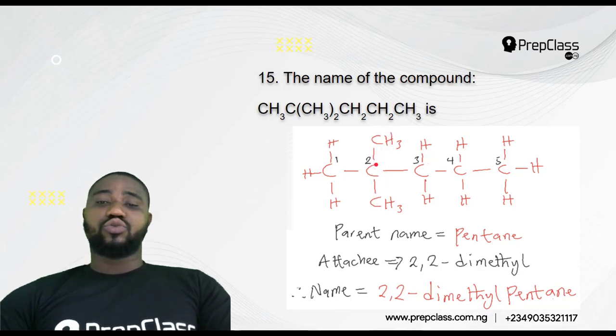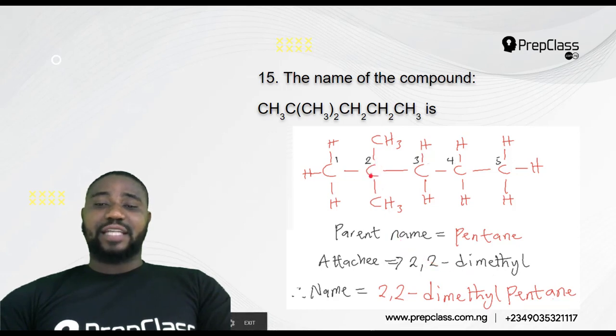This one is on 2, this one is also on 2. That's 2, 2. If one is here and one is here, it becomes 2, 3. If one is here and one is here, it becomes 2, 4. Do you understand? But both of them are on the same carbon atom. That's why it's 2, 2. And there are 2 methyl groups, which is dimethyl. So that's 2,2-dimethyl.